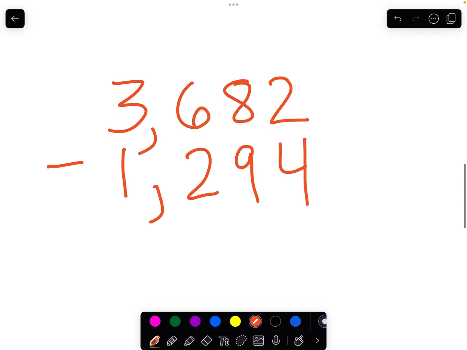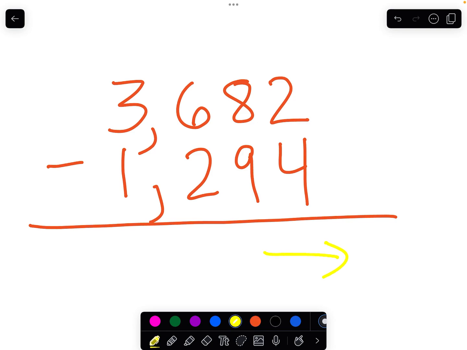Just making these numbers up as I go. Well, we can apply all these same principles, all these same strategies. So we always start from right to left, from this side, and then we go this way. So we're going to go with our ones place.